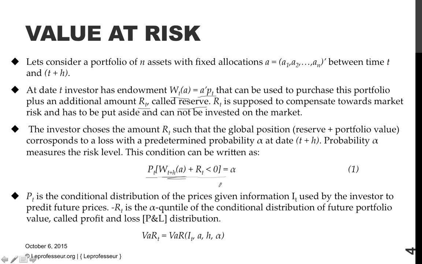So this condition we can write in mathematical form as equation 1. Now negative R_t is the alpha quantile of the conditional distribution of the future portfolio value, or in other words what we call the profit and loss distribution.